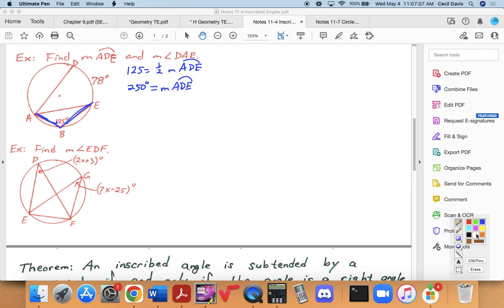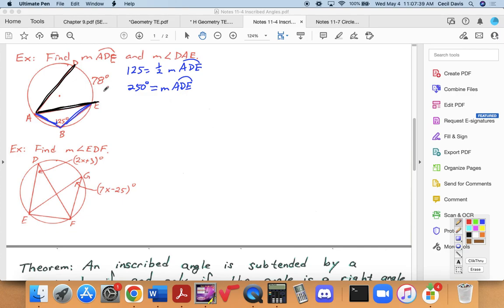I'm going to switch colors here. Let's use orange. I don't use that very much. So if I'm looking for angle DAE, again, if you start from the vertex and follow that, that doesn't really show up on the red very much, does it? Let's do black. That'll show up much better. That is an inscribed angle because its sides are both chords.